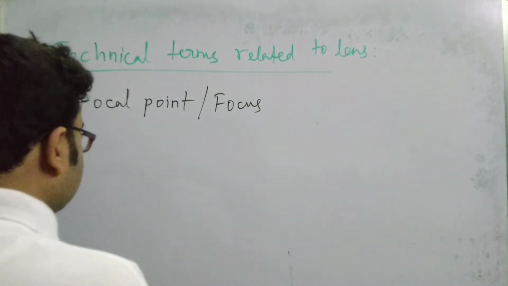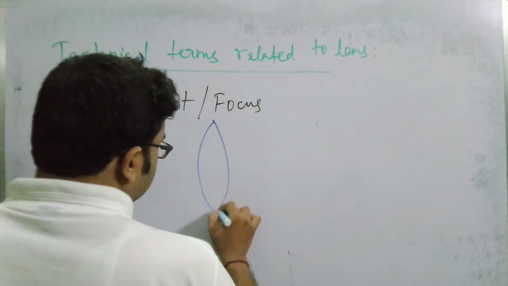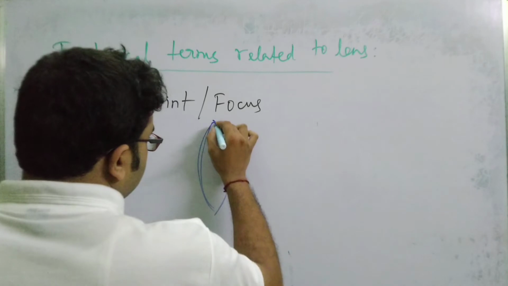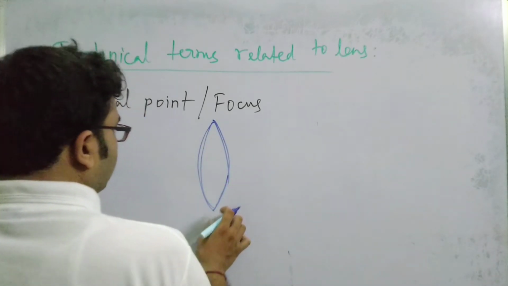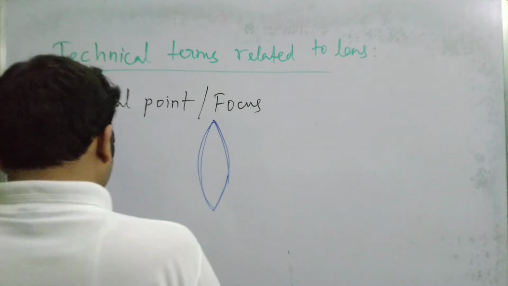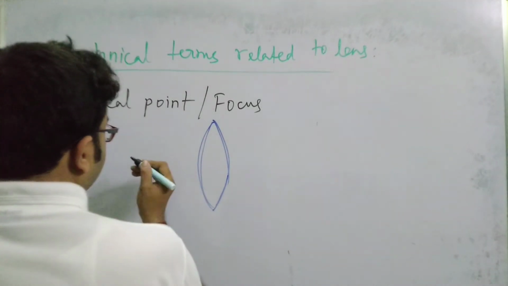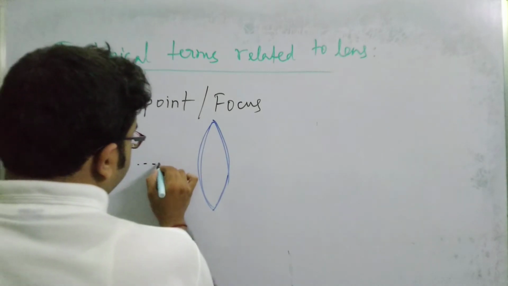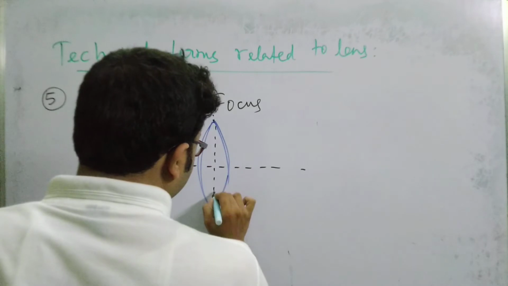Now, see, if I draw a convex lens, consider this a convex lens, okay. The convex lens has a principal axis, isn't it? The principal axis is passing through the middle, okay.